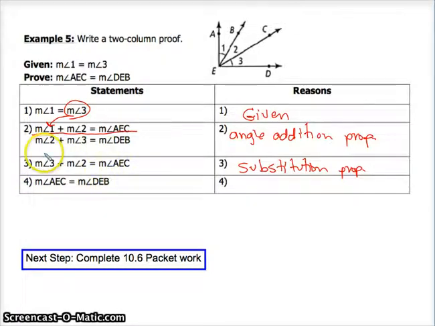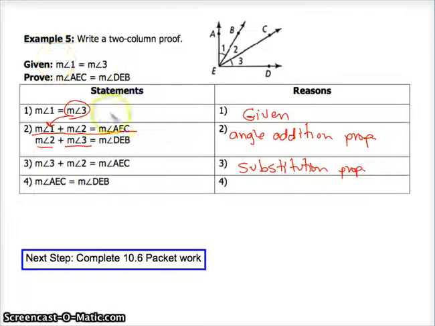Now, from here, I say that the measure of AEC is equal to the measure of angle DEB. If I look up here, DEB is the same as the measure of angle 2 plus the measure of angle 3.